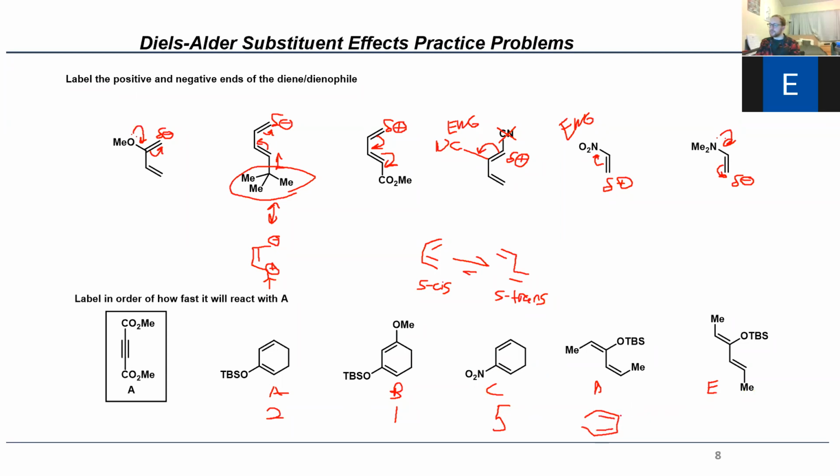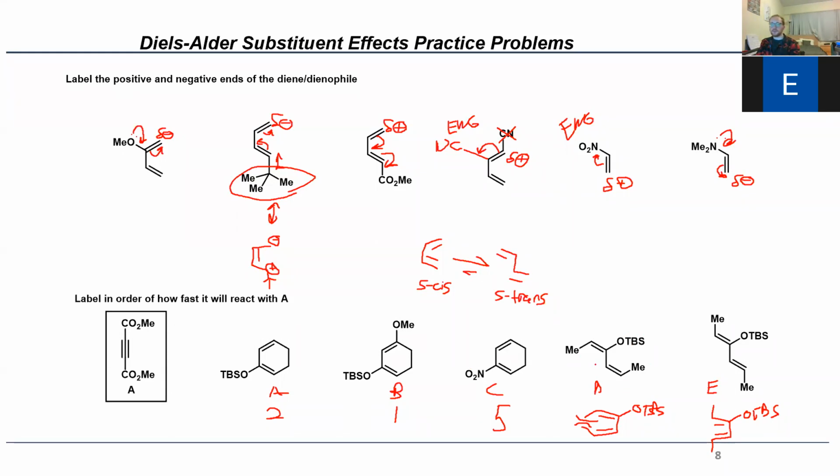So what we see with D, when drawn in the S-cis configuration, versus E, is that there's quite a bit of steric clash here between the methyl groups in D. This disfavors the S-cis configuration and favors the S-trans configuration to relieve that strain.